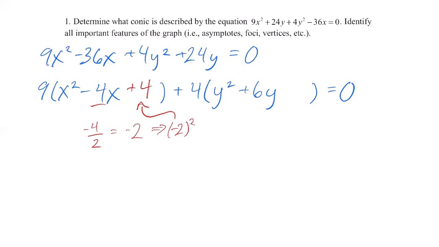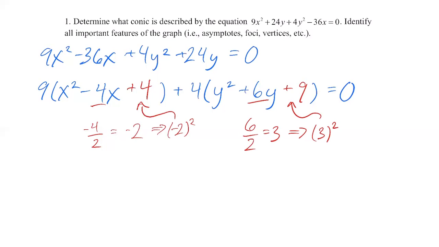So we will say plus 4. Let's take a look over here. We are going to look at that middle term. We're going to take 6 divided by 2. That gives me 3. We're going to take that 3 and square it and plug it in here, plus 9.